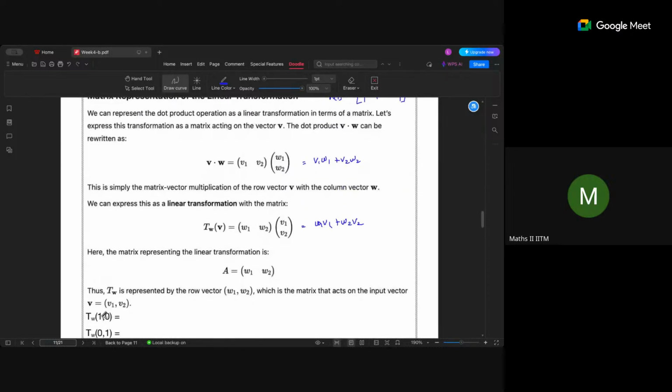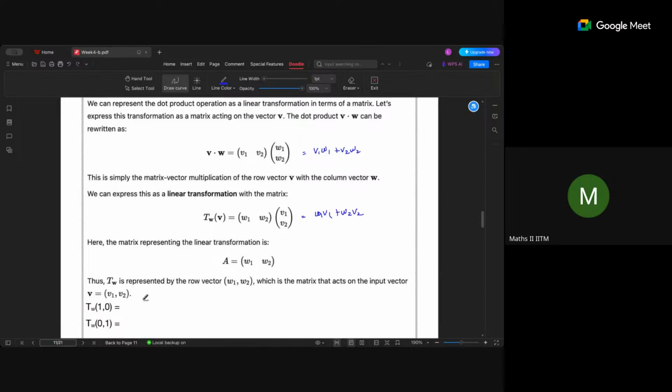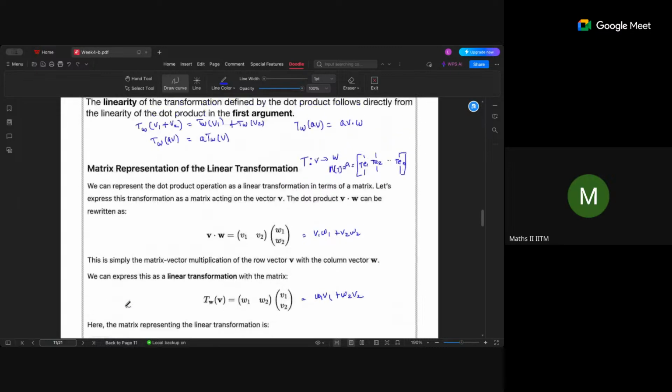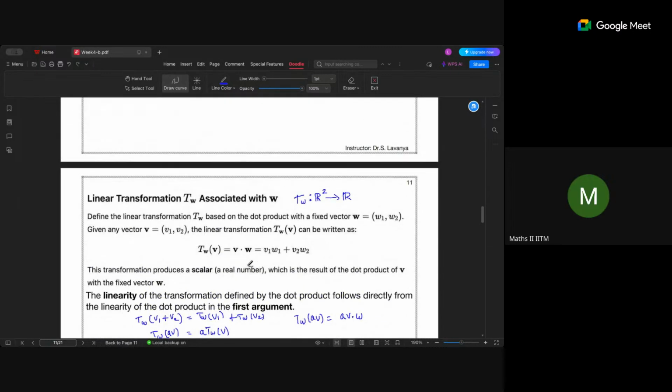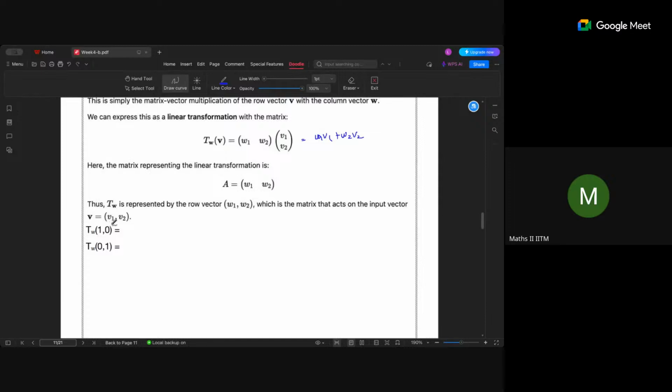You find what is T_W of (1,0). What is the definition? T_W of V is V dot W. So here V is (1,0), so (1,0) dot W, which is (W1, W2). What is their dot product? W1. Now what is T_W of (0,1)? W2.